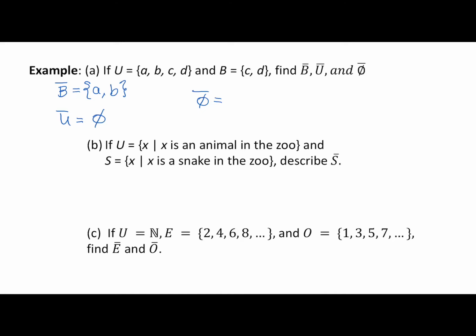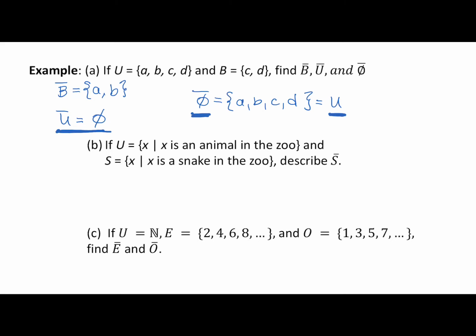Well, the complement of the empty set is everything in U that is not in the empty set. Everything in U is not in the empty set, so this is going to be A, B, C, and D, which is exactly U. In general, in any problem, U complement will always be the empty set, and the empty set complement will always be U.